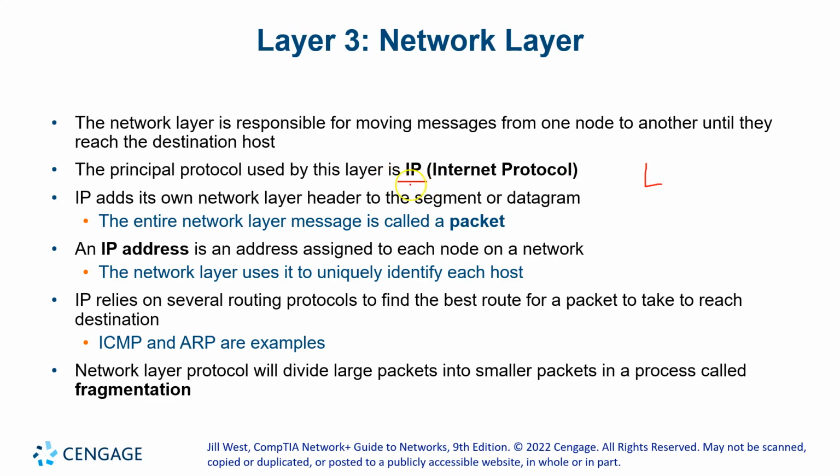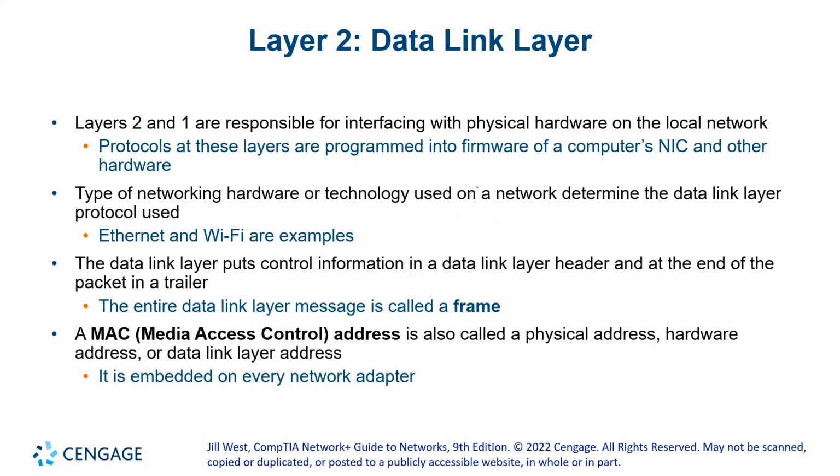IP version 6, I believe that number is in the maybe hundreds of billions, it might even be trillions of possible addresses. Okay, you'll be sick of hearing me say IP address till this semester's over. Data link, this is where physical addresses, or MAC, M-A-C, media access control addresses reside.